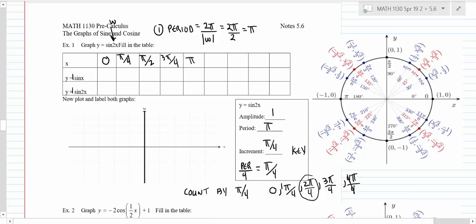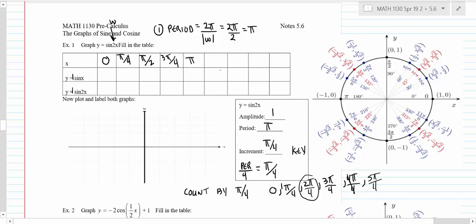So that's your cycle. You've defined the x values that have the key cycle like that. 1, 2, 3, 4, 5. And see, that's the period. The period was pi. So when you count from 0 by that increment, you should end up at the period. Okay? And what we do is we just continue out with this counting. So if I go down here, I'm just counting by the numerator.